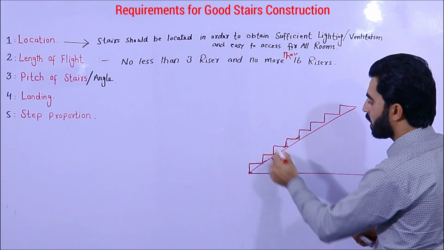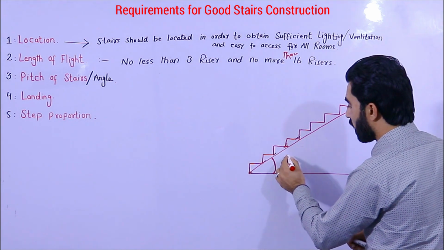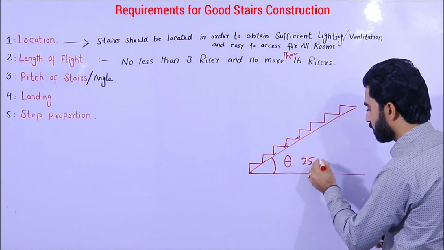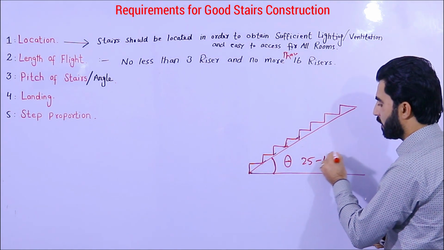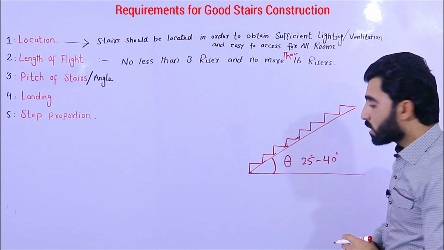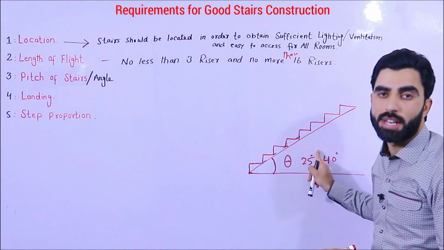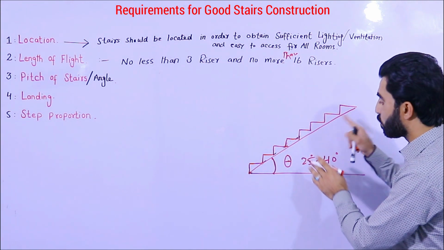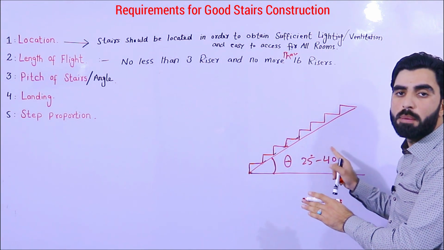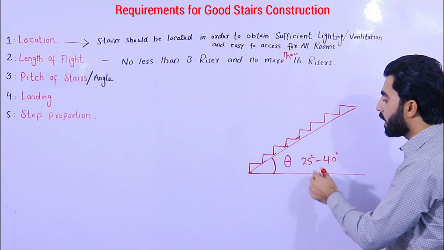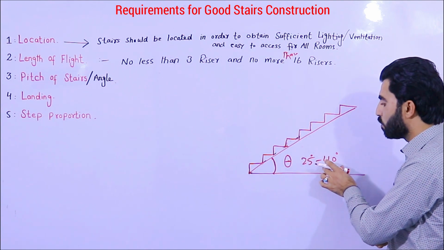This angle should be between 25 to 40 degrees. If the height is maximum, you should provide another landing, so the angle should be decreased in the case of maximum height. The best staircase angle should be between 25 to 40 degrees.